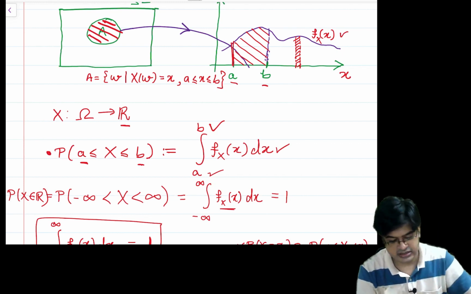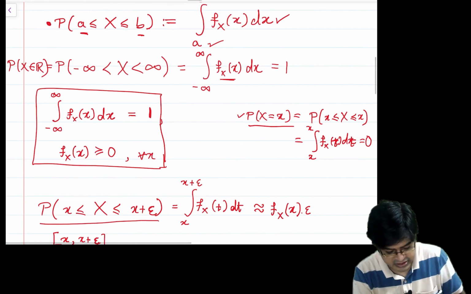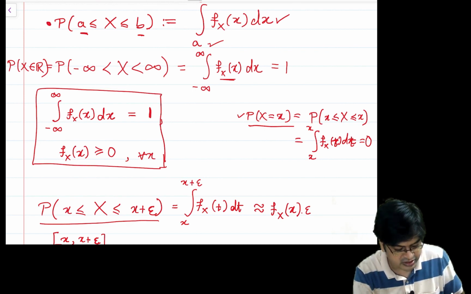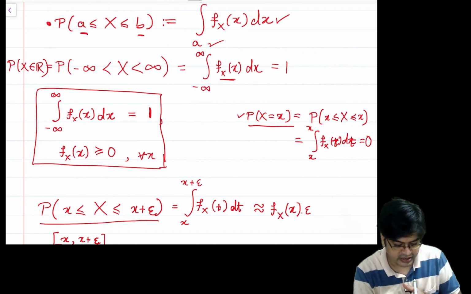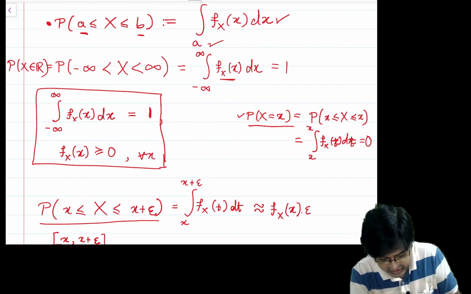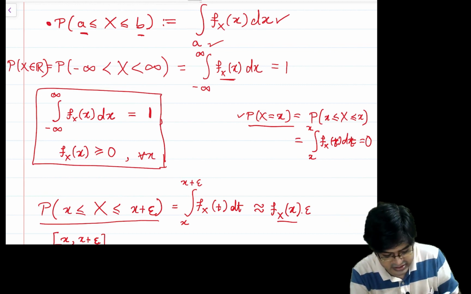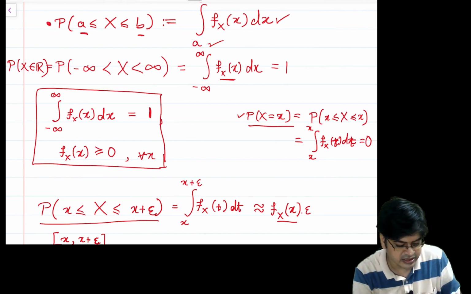So in that case, as we studied in our theory of integration, I can simply start with a starting point and write the integral formula as follows: because the interval starts from x and ends at x plus epsilon, I will take the value of the function f_X at x and I will multiply simply by the width of the interval, that is epsilon.